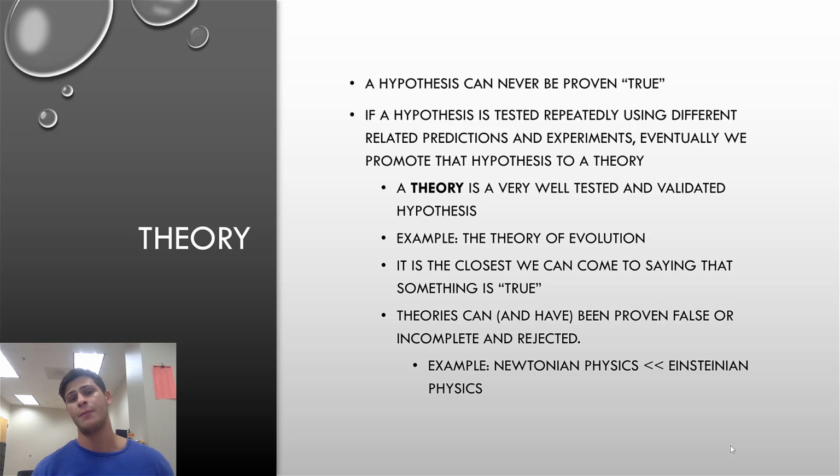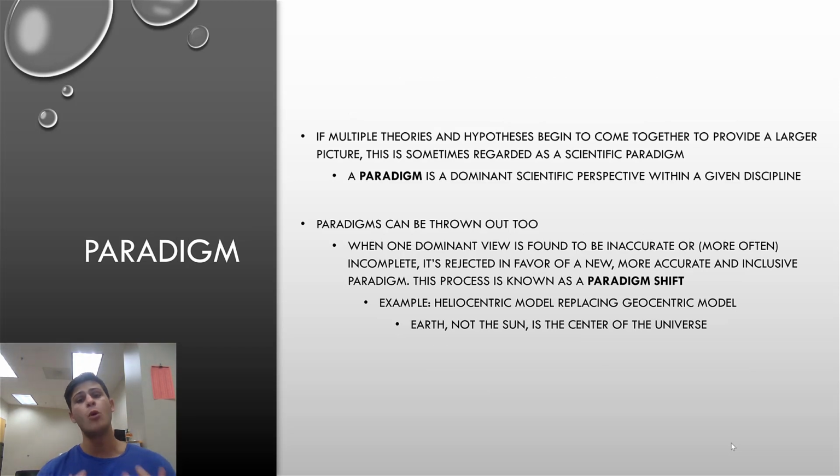So usually what happens is that if the predictions associated with a theory do not hold water in very specific situations, either that theory is completely thrown out entirely, or much more commonly, that theory is augmented to better reflect what is actually going on in the outside world.